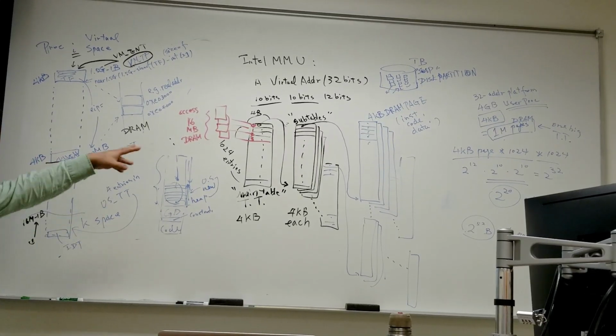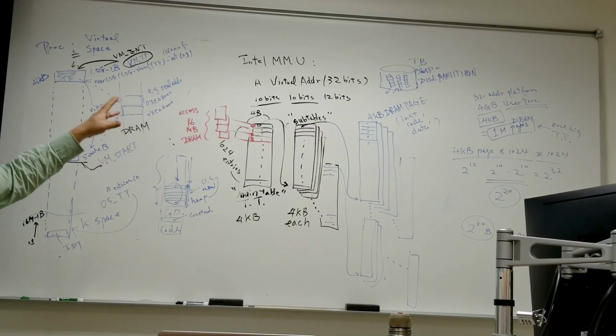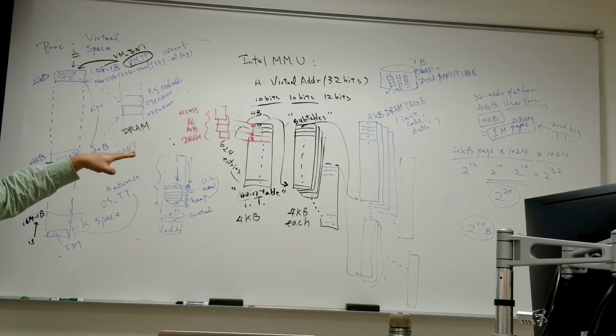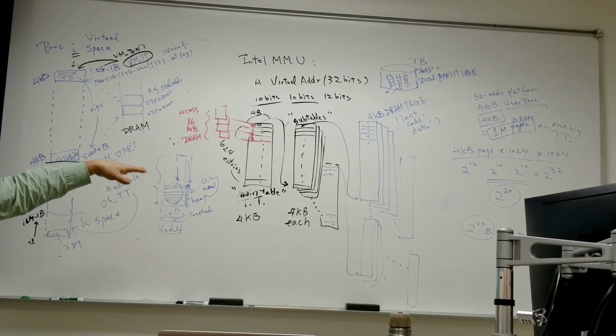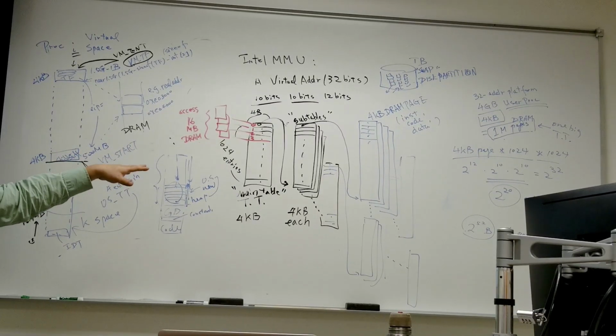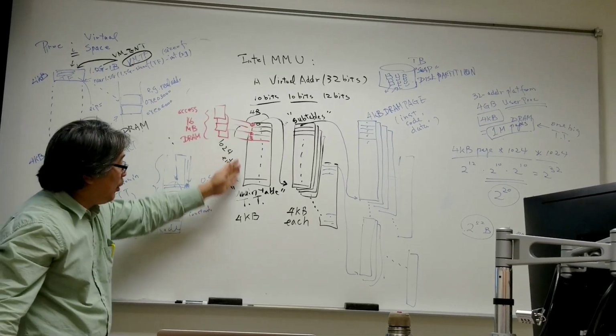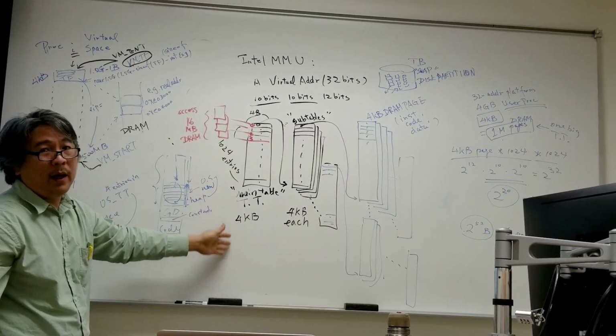The primary reason for Intel to use a 2-tier memory translation is the saving of DRAM. Again, if you have only one table, this table is 1 mega entry.